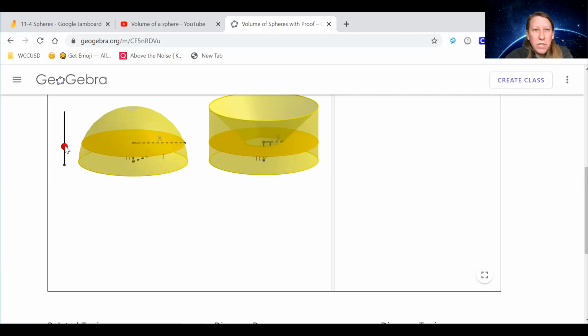So something that's really smart is, do you see what's inside of here? There's a hole inside of here. Because as you go closer and closer to the top, you have less and less of a circle. You have some of it missing. So some really smart people figured out that the area of this smaller circle is the same as the area of this disc, of this circle with the hole in the middle.